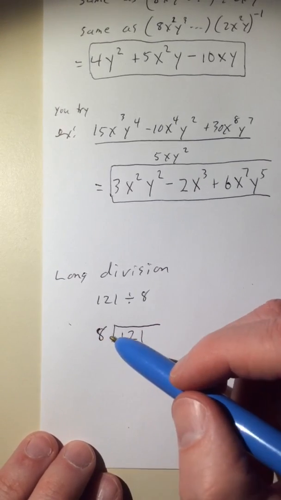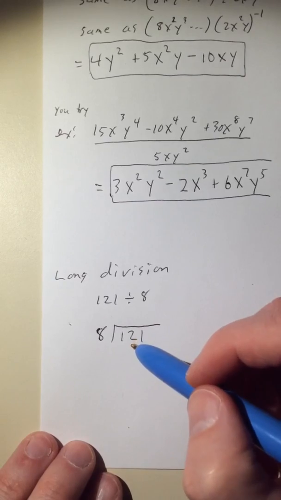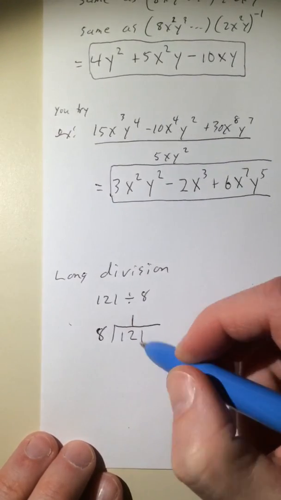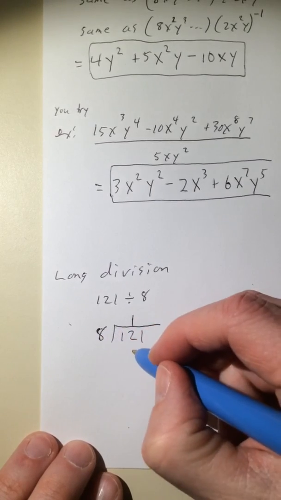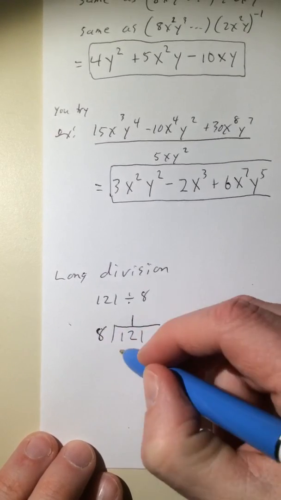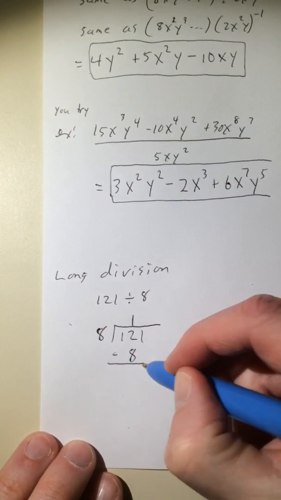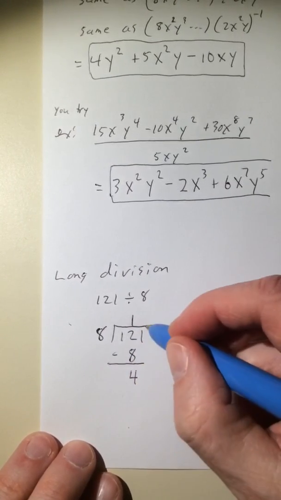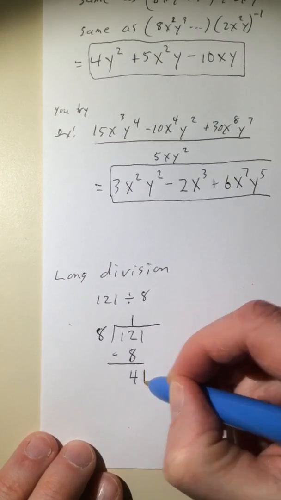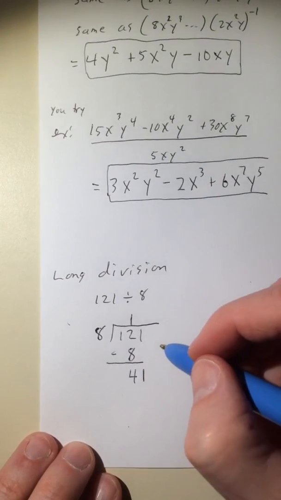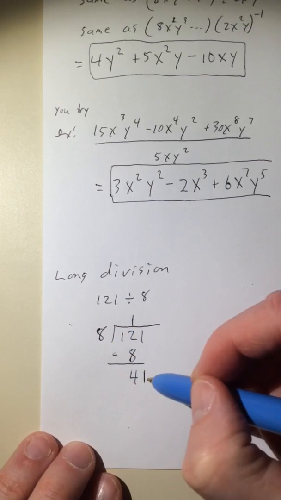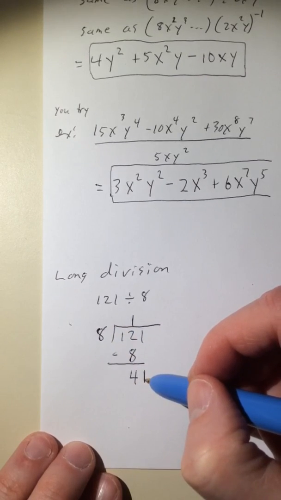So 8 times what will get us something close to 12, but not over 12, and clearly that number is 1. So we're going to do 1 times 8 is 8. And then hopefully you remember that you're going to subtract right there. And we got 12 minus 8 is 4. Bring down the next number in line, 41, and we do the exact same thing again. 8 times what number is going to get us 41, or close to 41, without going over?